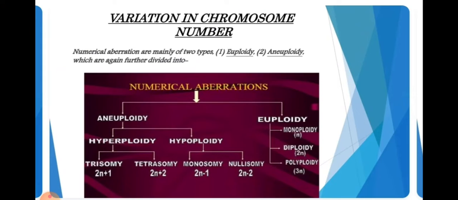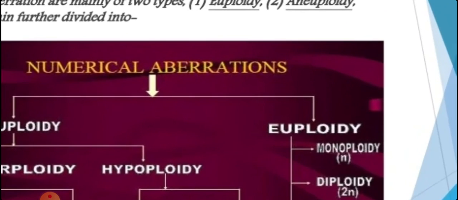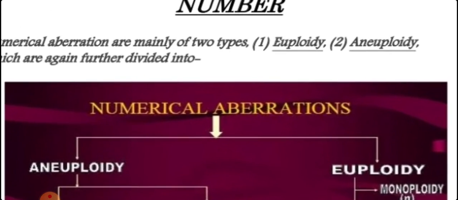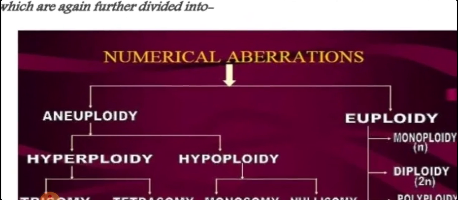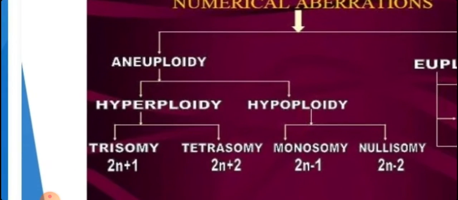It is also known as numerical aberration in chromosomes. Numerical aberrations are mainly of two types, euploidy and aneuploidy, which are further divided. Aneuploidy is divided into hyperploidy and hypoploidy.